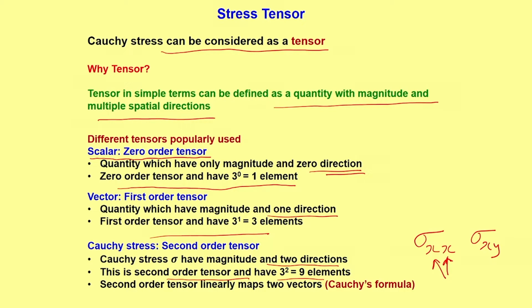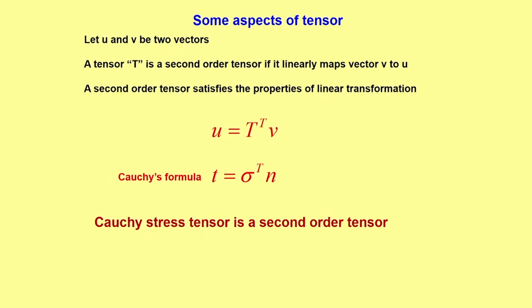There are 9 elements, and the second order tensor linearly maps two vectors. That also we have seen. We have seen that T is sigma transpose of n. So, it linearly transforms two vectors, that is Cauchy's formula. Now, some aspects of tensor, to be very specific, this may not be useful, but it is important to understand the tensor. Let us say there are two vectors u and v.